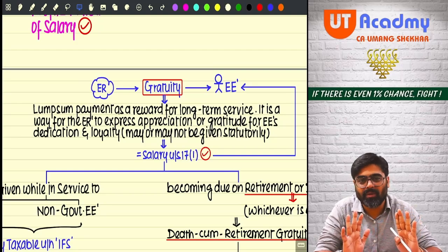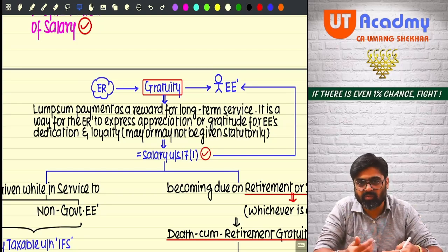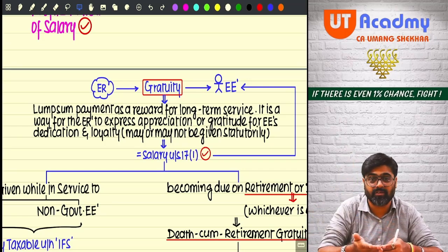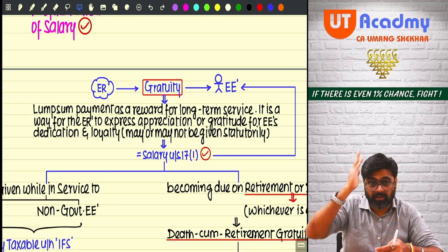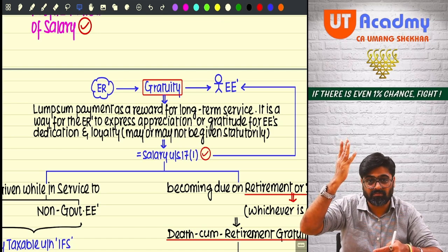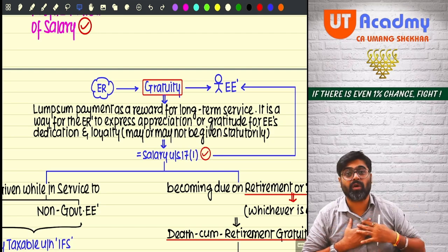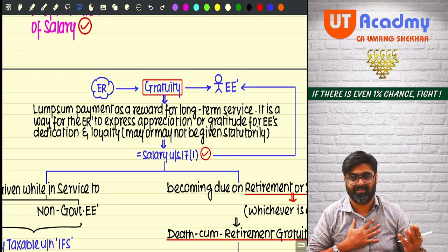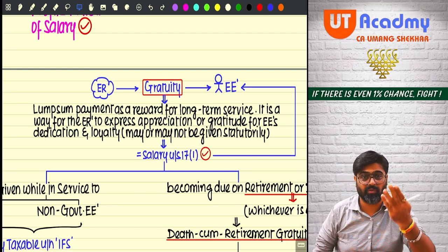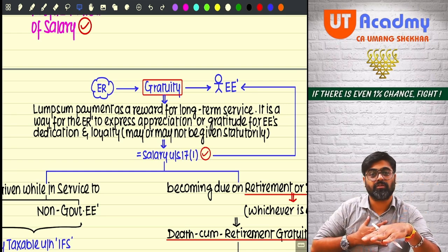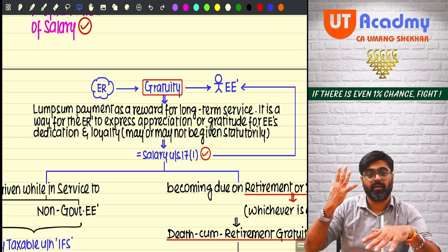See, usually people don't stay in the organization for 2 years also. You have spent 5 years in the organization. You have spent 10 years in the organization. I must appreciate that for this long time you were there with me. So for your loyalty, for your dedication, for your long-term services, your employer is very happy.